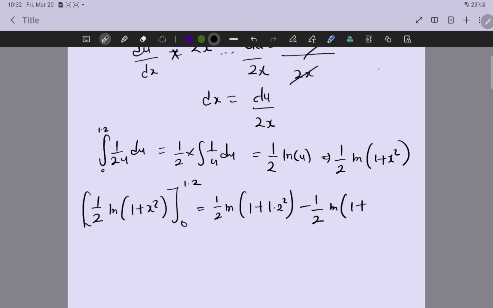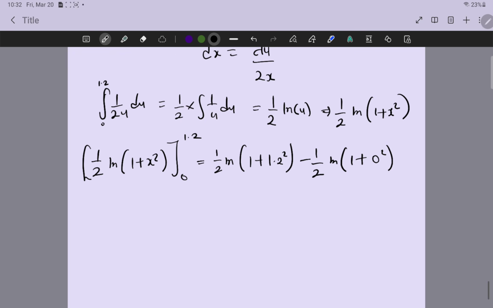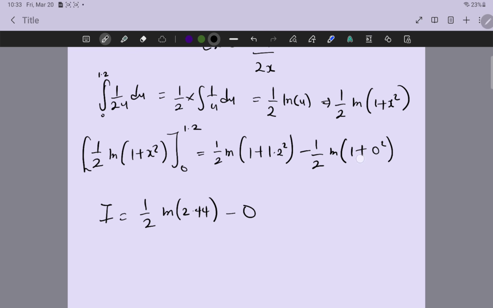This is basic integration. So our answer I will be 1 over 2 ln 2.44 minus 0.